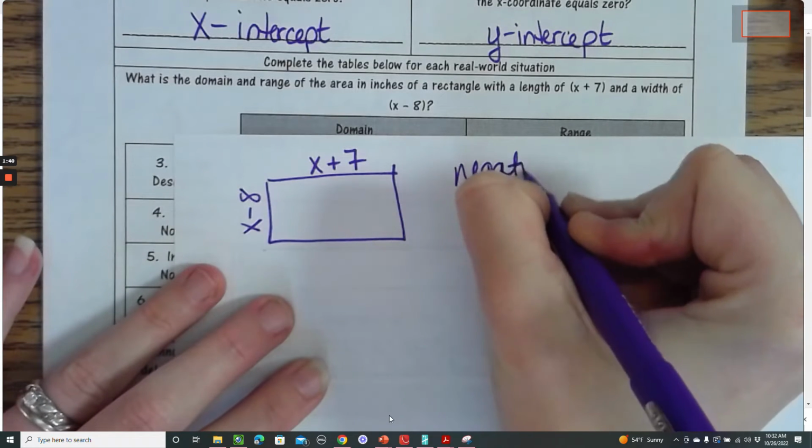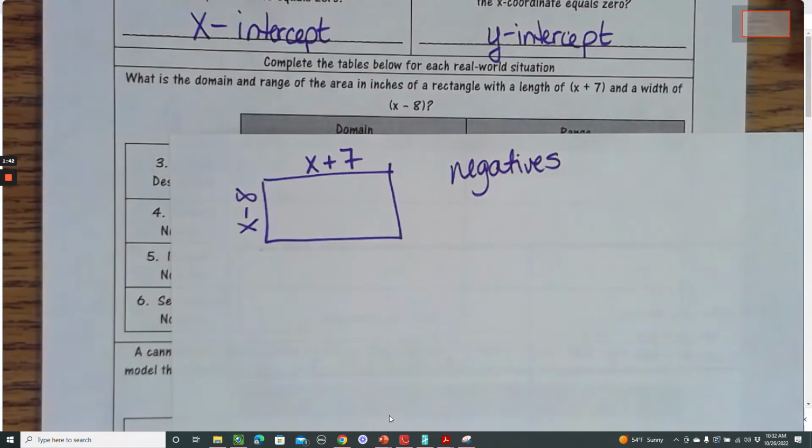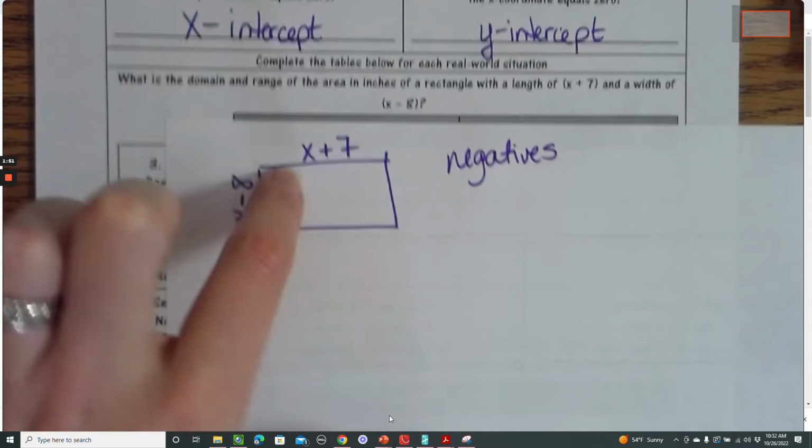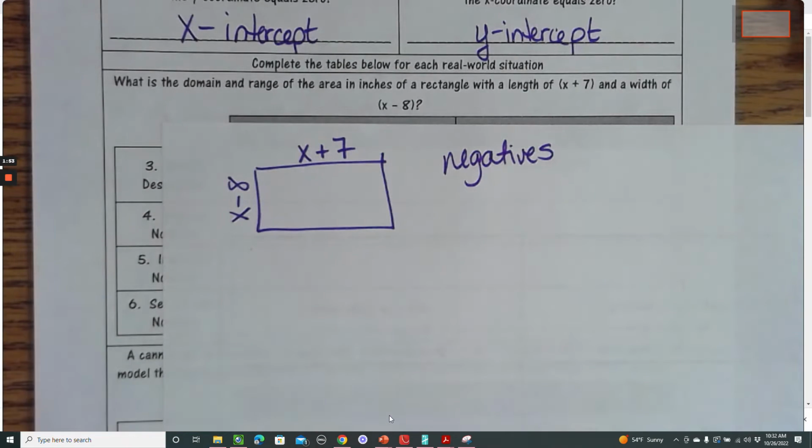If I'm finding the area of this rectangle, they're never going to be negatives, but what else will the side lengths never be? Can you have a rectangle with a side length of 0?